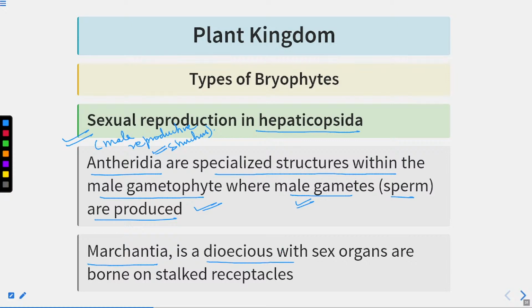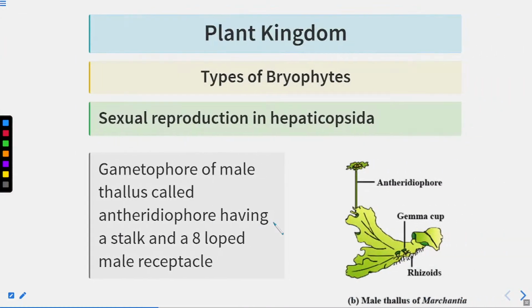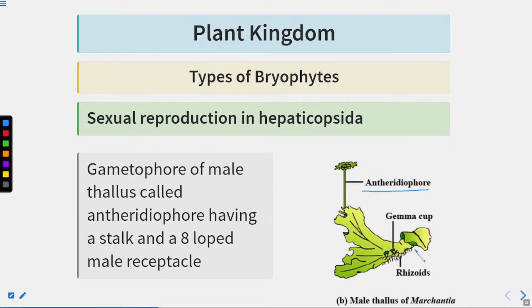Marchantia is dioecious, with sex organs borne on stalks and receptacles. Dioecious means they will have a male plant and a female plant separately. So the male plant will give rise to the antheridiophore like this. This is the male plant, you can see. Here you can see a stalk-like structure that bears an umbrella-like structure.